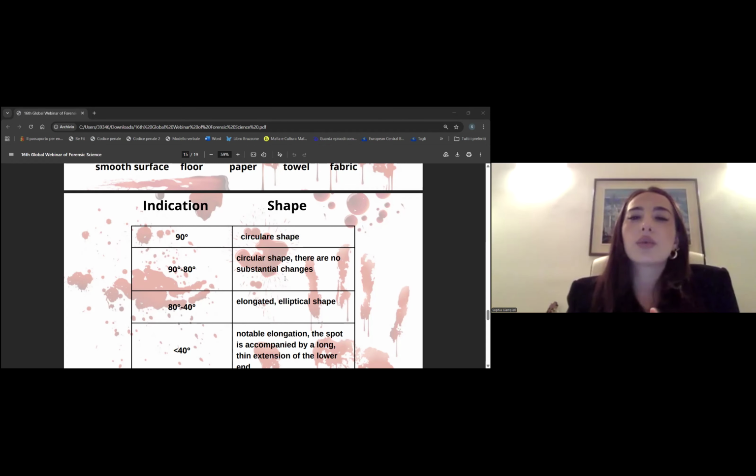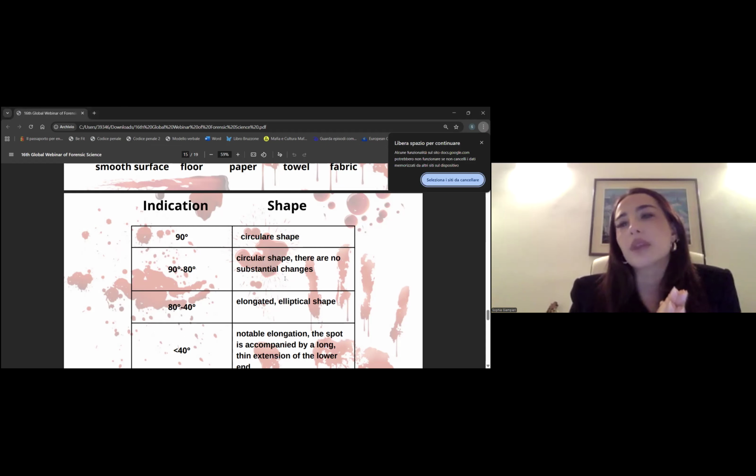Going instead towards an angle of 40 degrees, we will find an elliptical shape, or at least a more elongated one, to end up with all the angles of impact less than 40 degrees, which give us, as a result, a remarkable elongation that ends with an extension at the end.